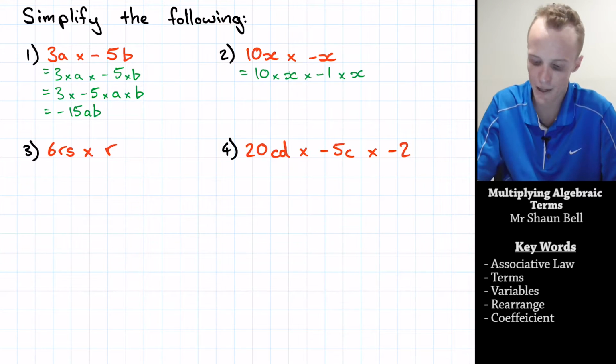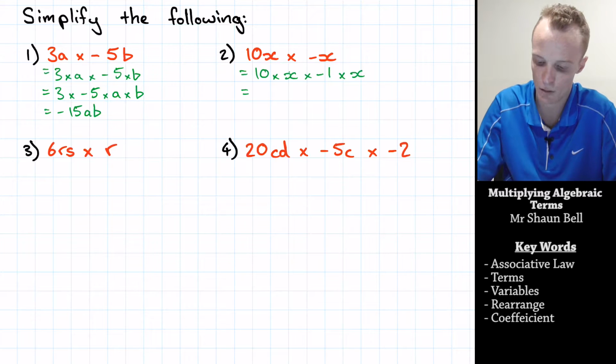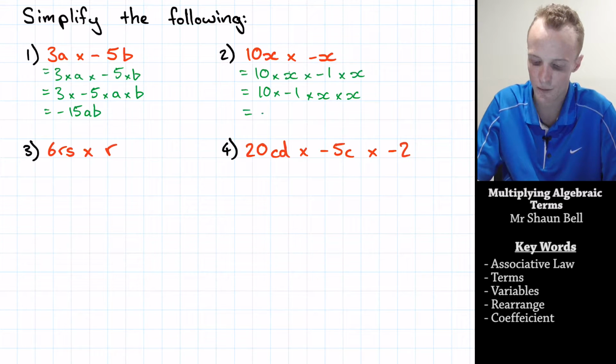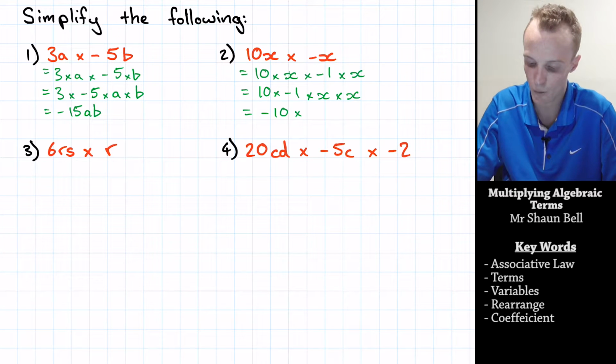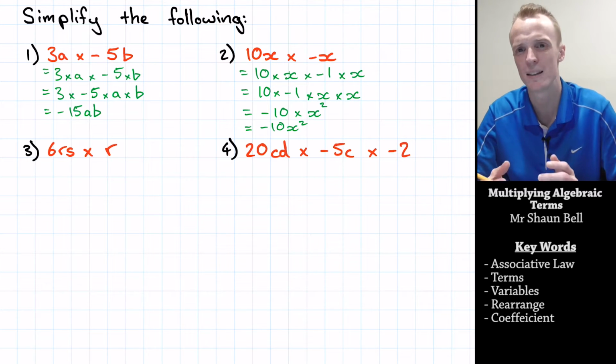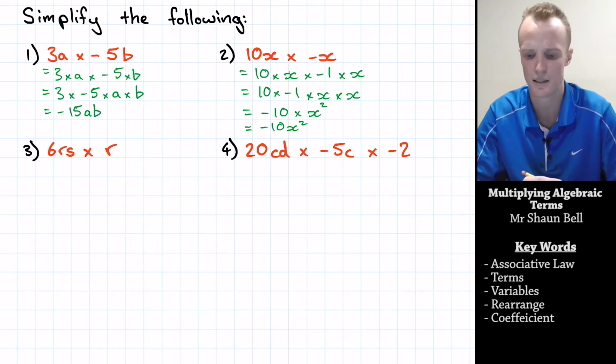So when we go to rearrange this, this is going to be equal to 10 times negative 1 times x times x. Now 10 times negative 1 is negative 10. And x times x is x squared. So this is going to be negative 10 times x squared, which is equal to negative 10x squared. Now as you can see, when we follow these steps, it can make simplifying these just that little bit easier.